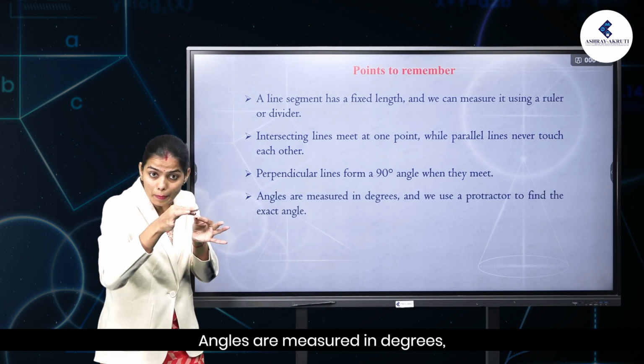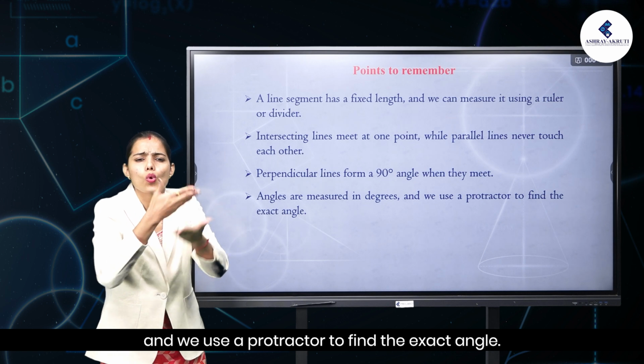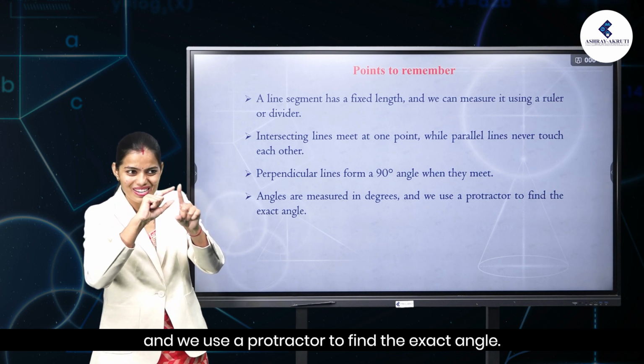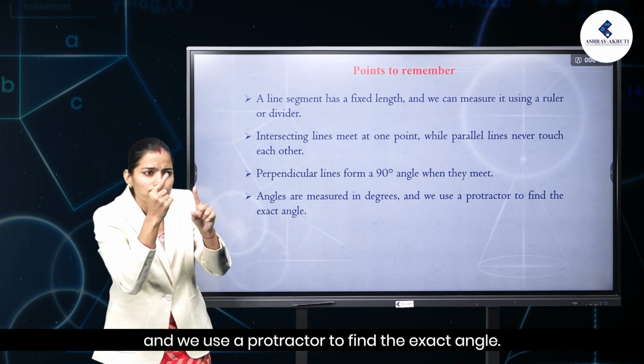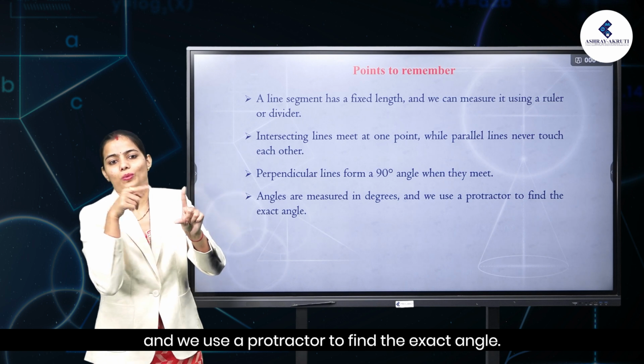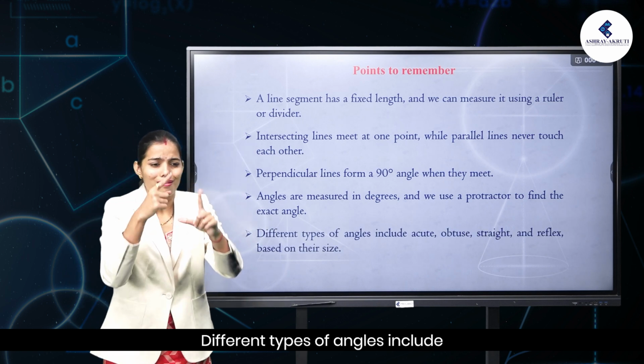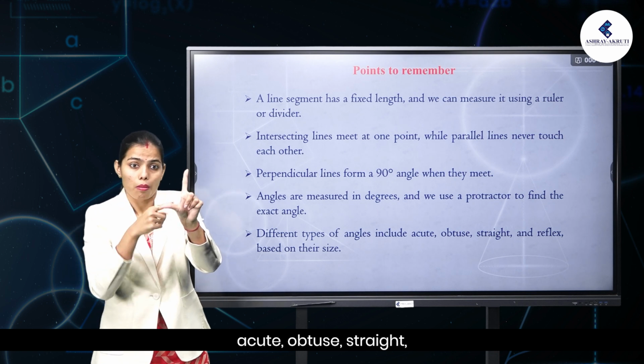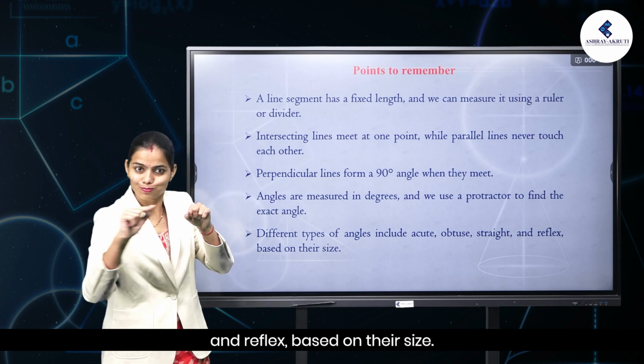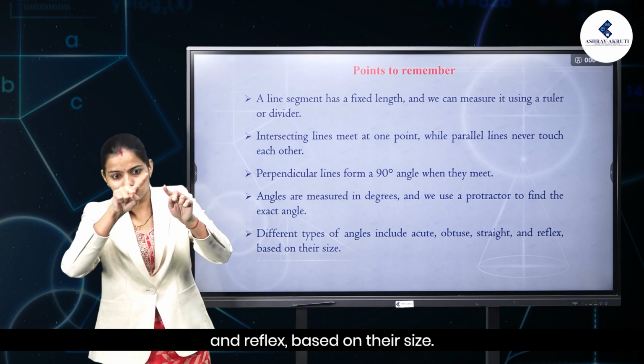Angles are measured in degrees and we use a protractor to find the exact angle. Different types of angles include acute, obtuse, straight, and reflex based on their size.